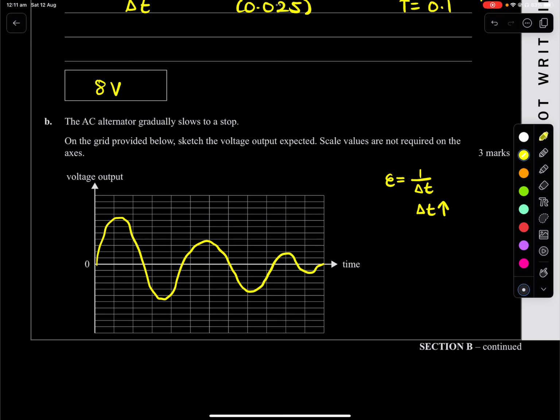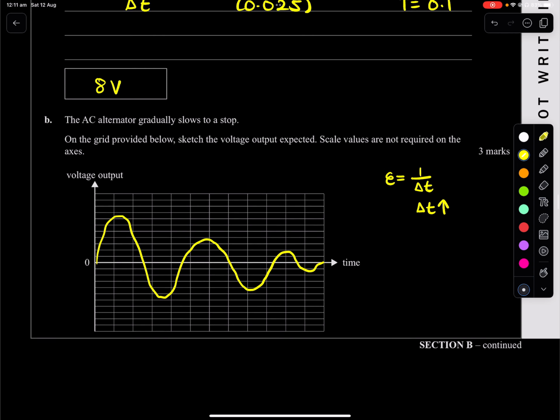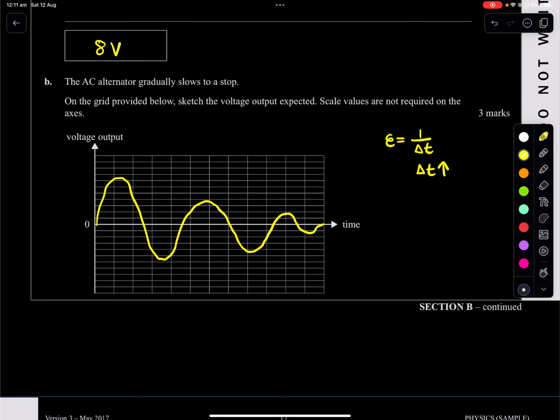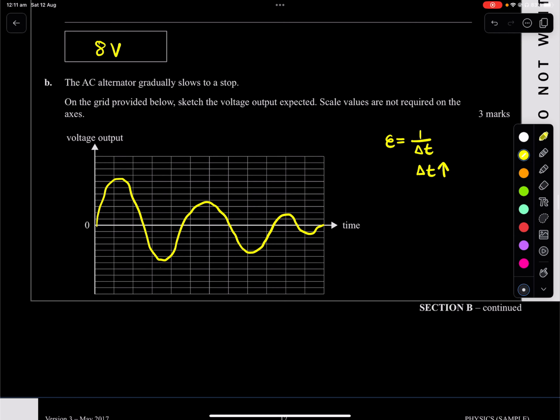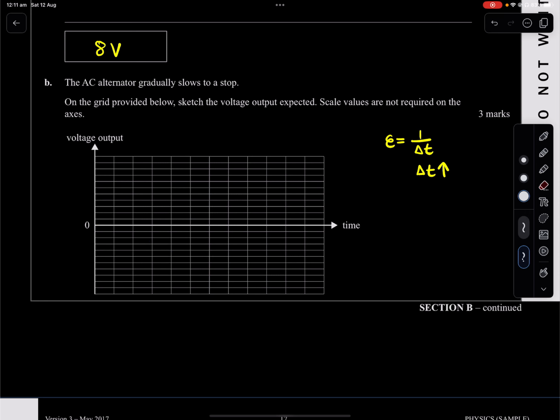We can see that it starts to decrease, and the period we want to start to increase. Okay, perfect. I think that should be enough for this one. We want the period to look like it's increasing.